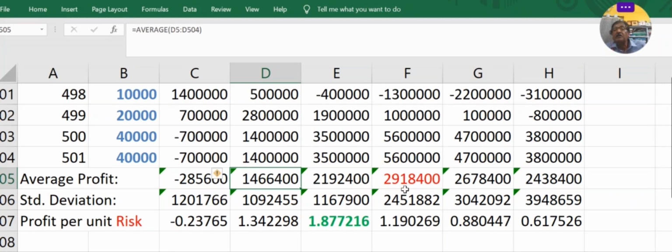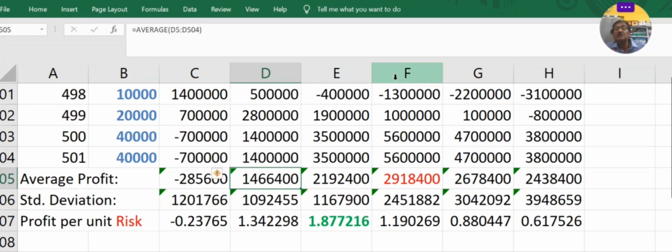The highest profit is showing 29,18,400 if you produce 40,000 units. This is the 10, 20, 30, 40,000 units. But if you produce 50,000 units, your profit will decrease to 26 lakhs something. If you produce more, then again your profit will decrease.